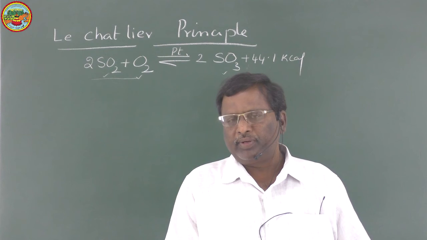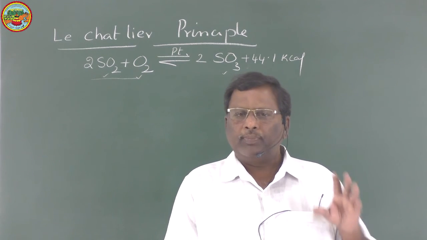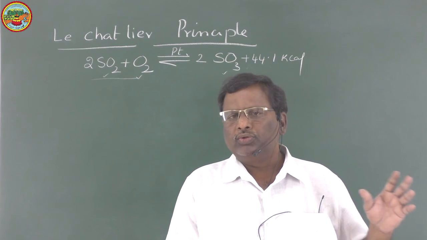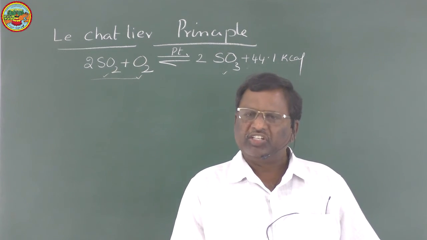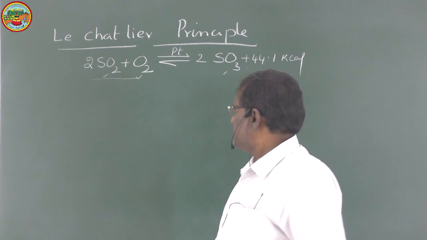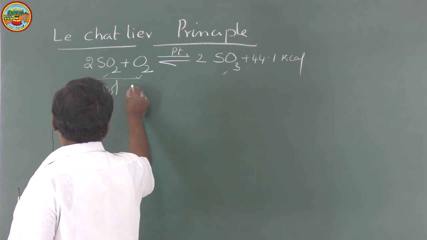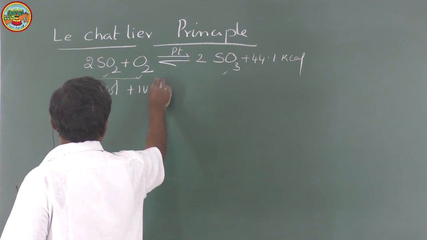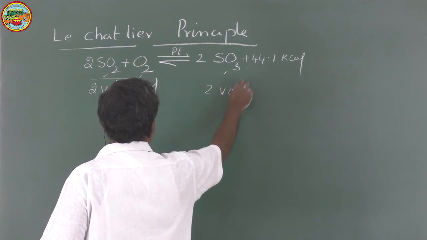But at very low temperatures, the rate of the reactions is very low. That's why an optimum temperature of 550 to 750 degrees centigrade is maintained. Next, pressure. In this reaction, 2 volumes of sulfur dioxide react with 1 volume of O2 to give 2 volumes of sulfur trioxide.